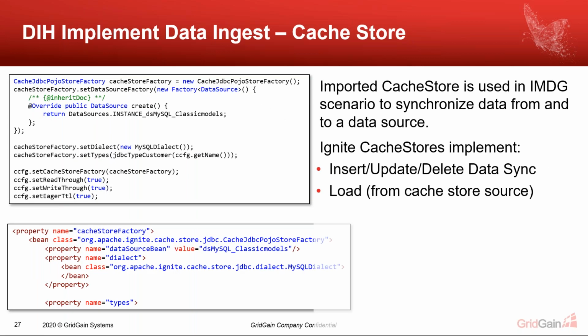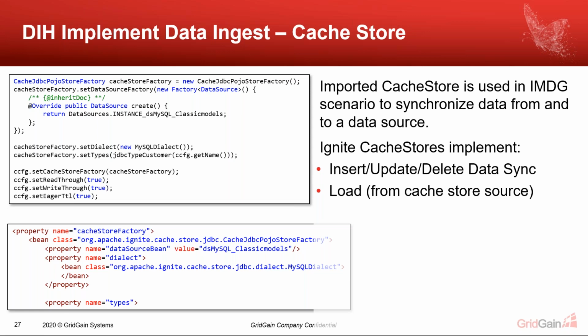Now, when using the import database wizard, it's going to build, as I said before, a cache store-based third-party persistence configuration, because it says, well, you imported from a database, I want you to synchronize with it. Well, the only reason I imported in this case was because I want the same model, not because I'm storing it in this particular case.